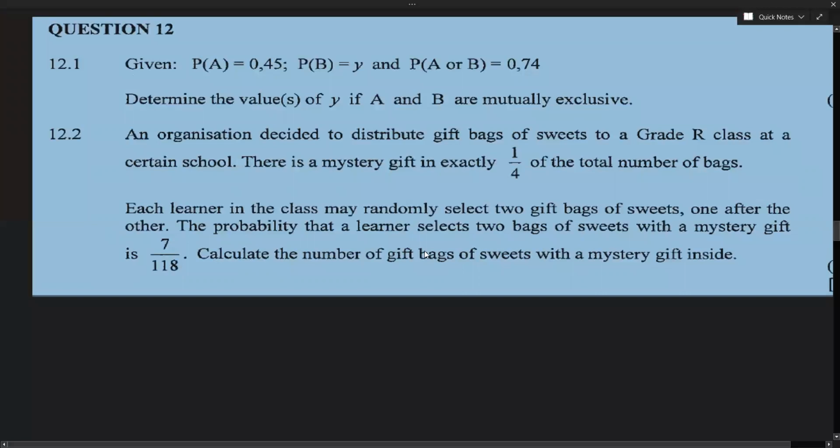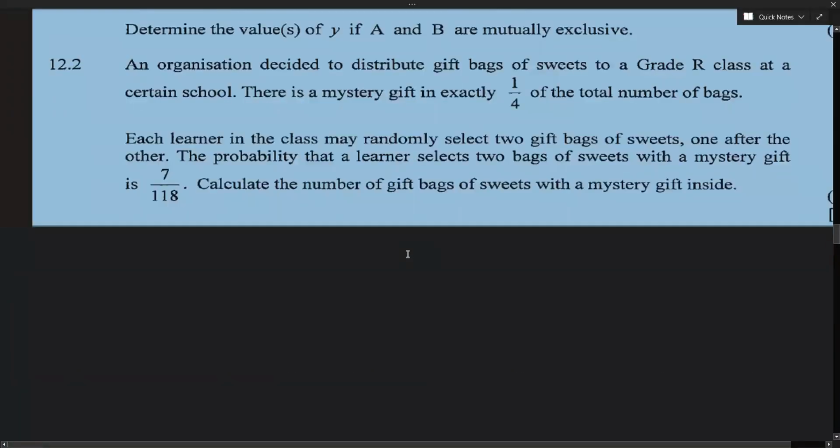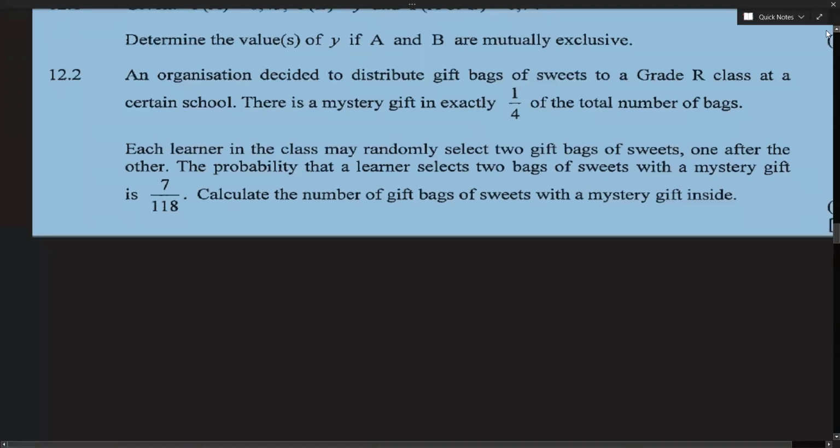So on question 12, they say an organization decided to distribute gift bags of sweets to grade R class at a certain school. There is a mystery gift in exactly 1/4 of the total number of bags.